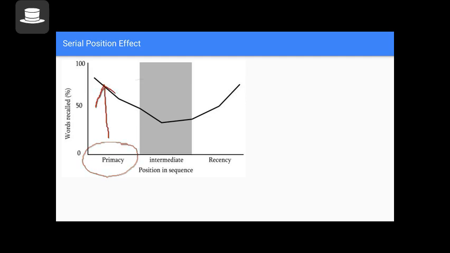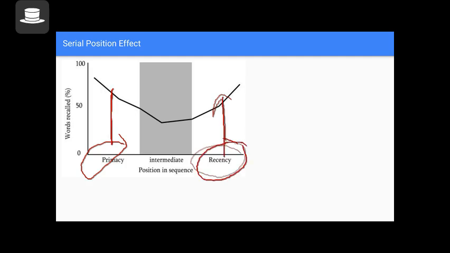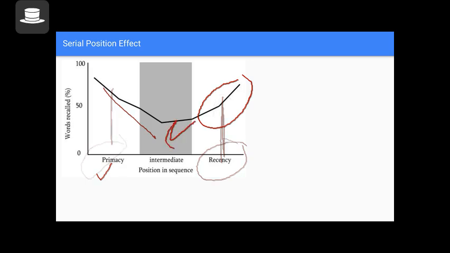Recency effect is your accuracy is higher for the most recent or the end of the list items. So this is called the primacy effect, and this is called the recency effect. The fact that initial items are remembered better than the middle items is the primacy effect, and the fact that recent items are remembered better than the intermediate items is the recency effect. These two effects together are referred to as the serial position effect.